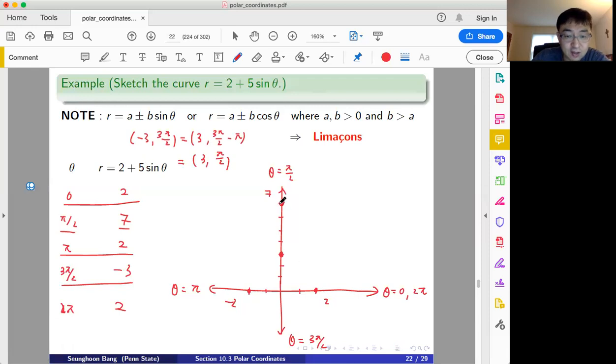You can connect this point, this point, this point, and this point with a smooth curve. How can you do that? For the small length, we have one small loop, like this one.